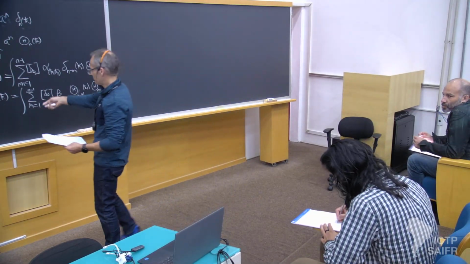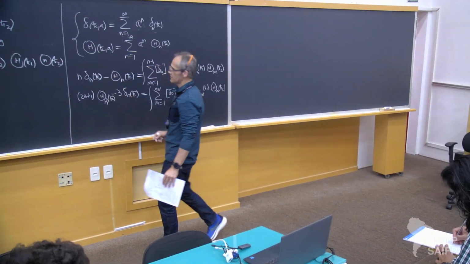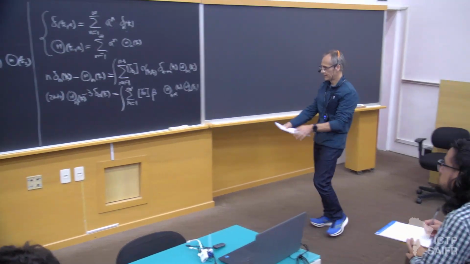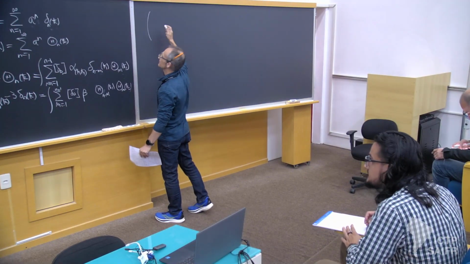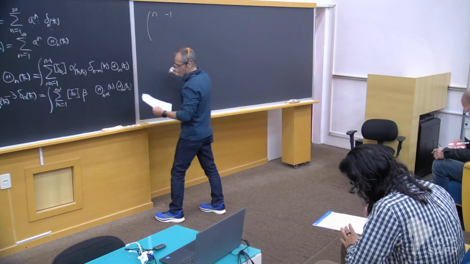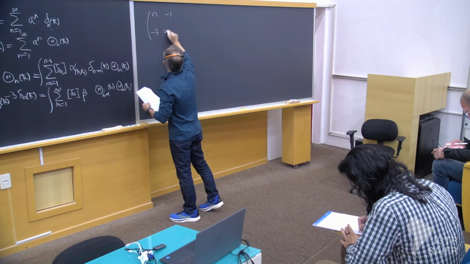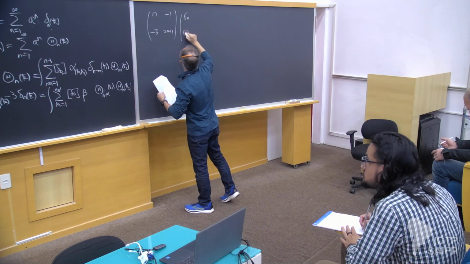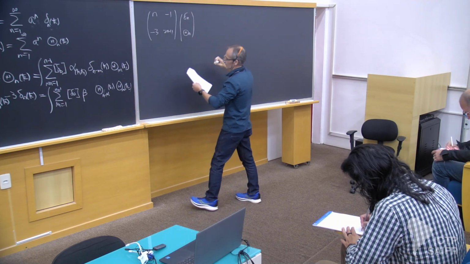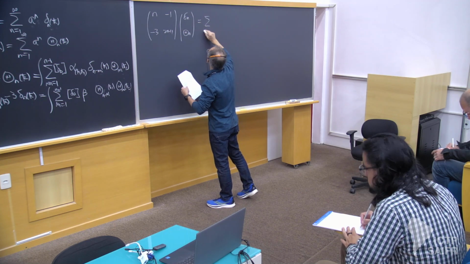So we can write this in matrix notation, the same thing we did over there. So let's write it in matrix notation. This is some matrix, which is n minus 1, minus 3 to n plus 1. Now I'm going to skip the arguments, so I don't need to write everything.